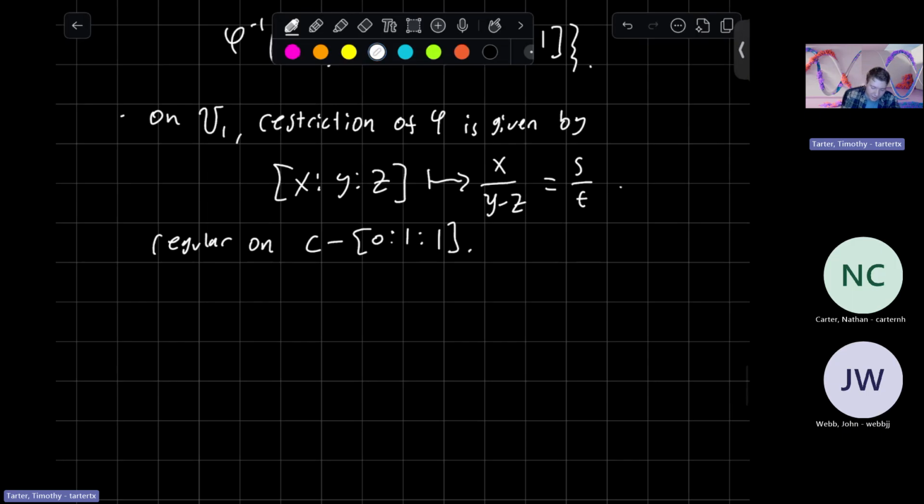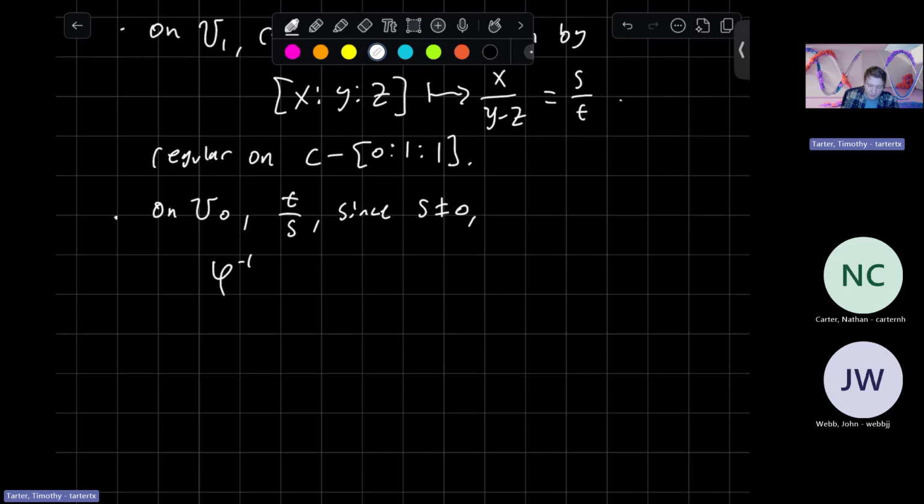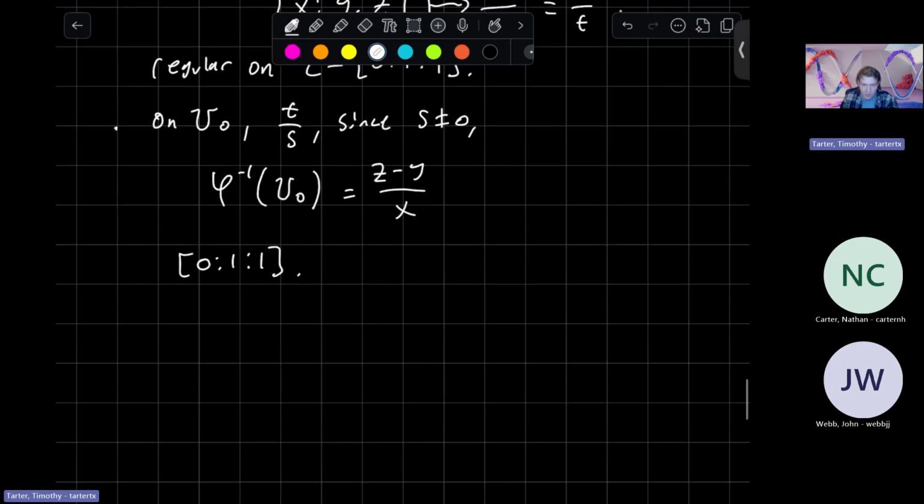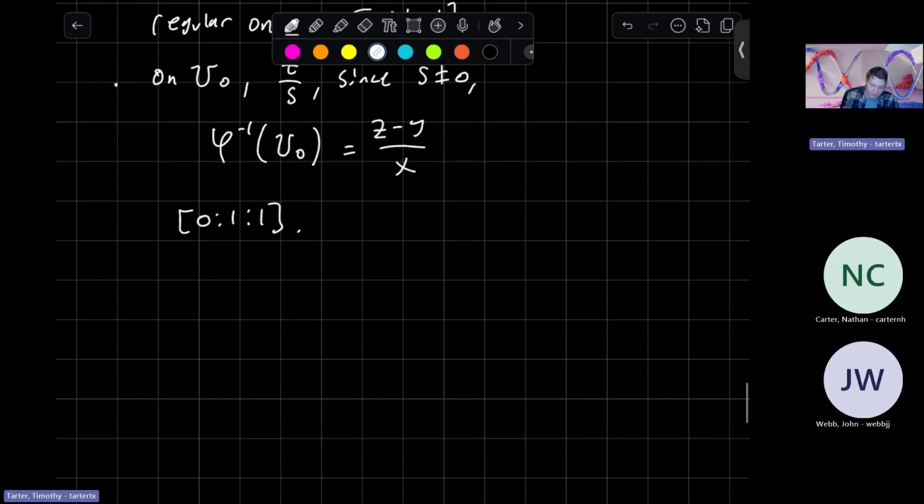But on the other hand, on U0, if we write our coordinate in terms of t over s, since s is non-zero, then we have phi inverse of U0 is equal to z minus y over x, which might not appear to be regular at 0, 1, 1, but we can do some algebraic tricks to make this work, right?